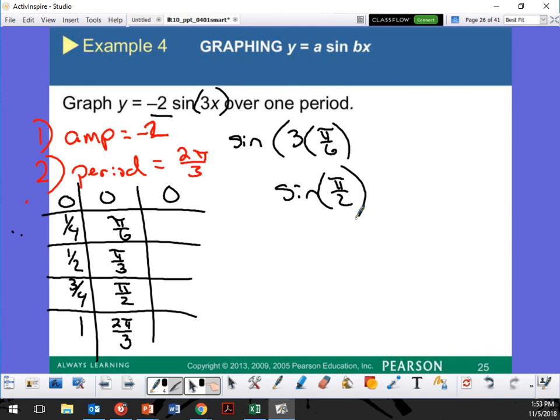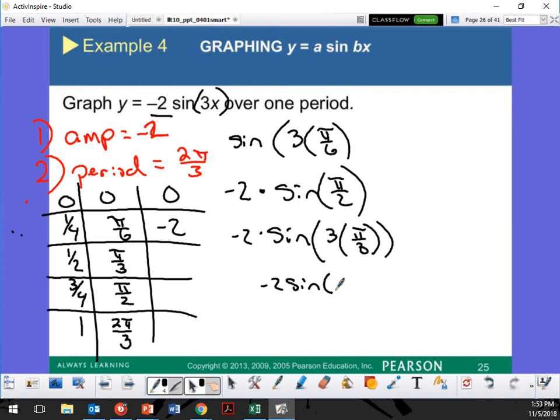It's 1 times my amplitude, so I get negative 2 here. The next one is the sine of 3 times pi over 3, so negative 2 times sine of pi. Sine at pi is 0, times negative 2.